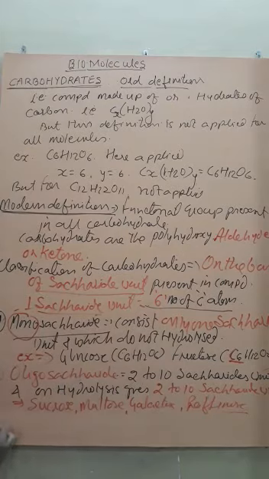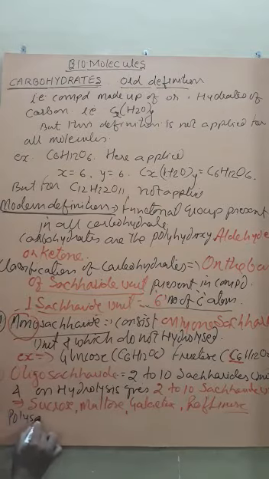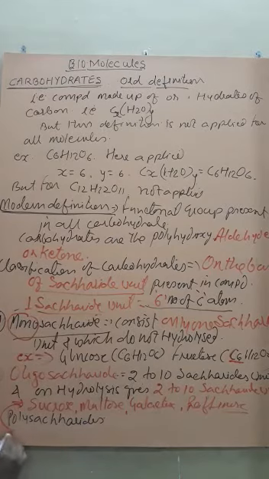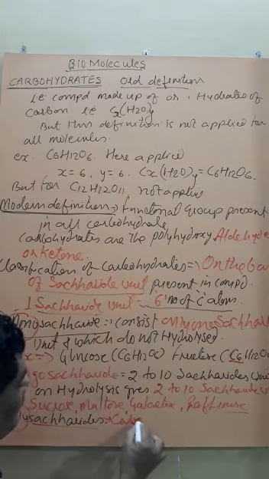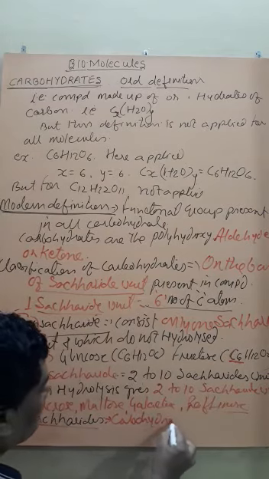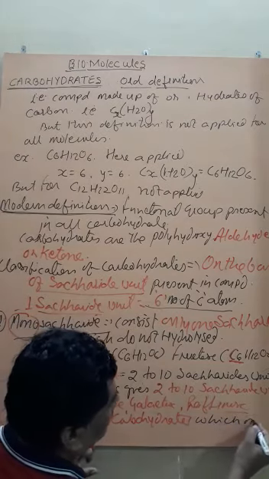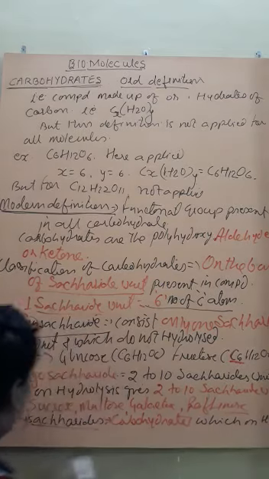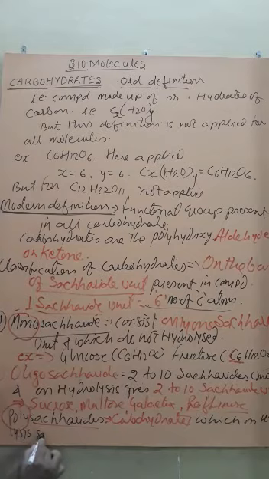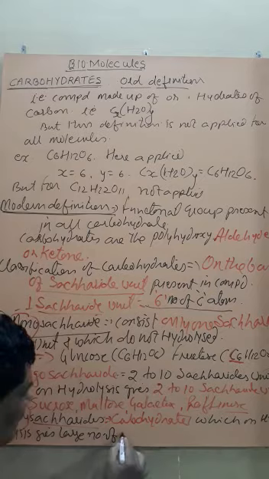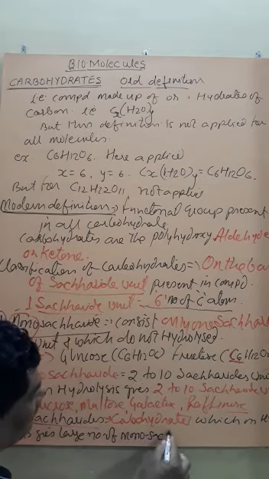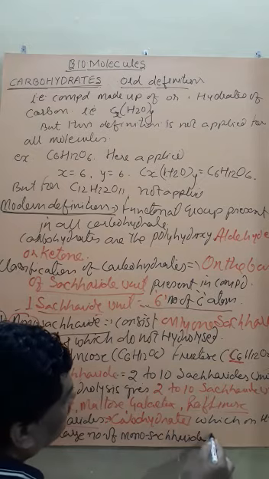And the third one is called polysaccharides. Now poly means a large number of saccharide units. That is, carbohydrates which on hydrolysis give a large number of mono or disaccharide units.